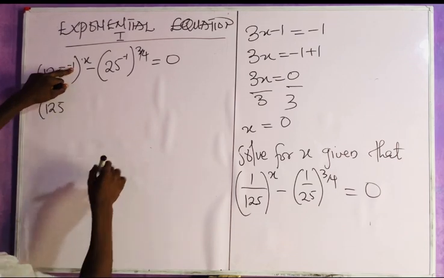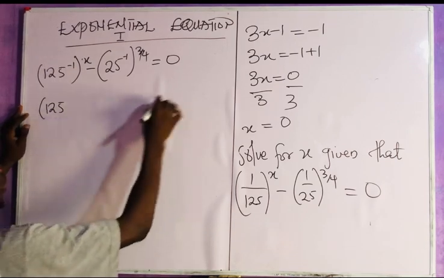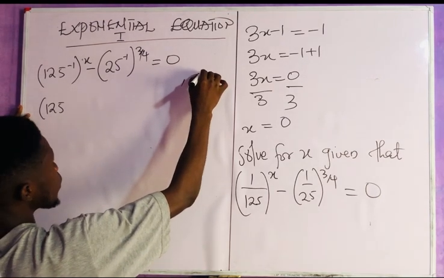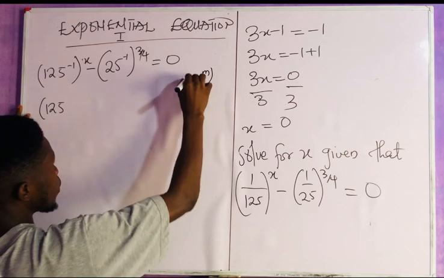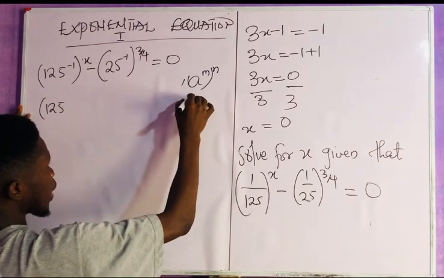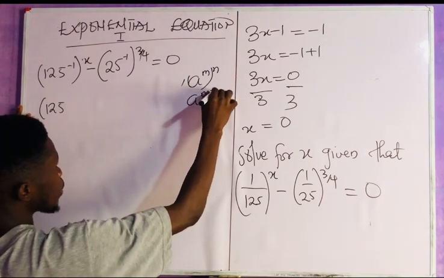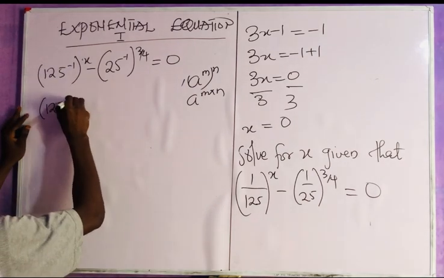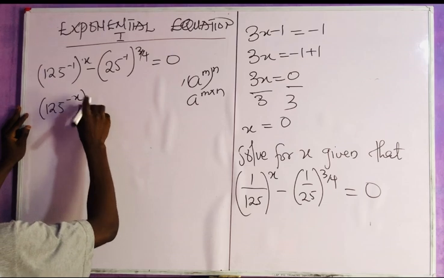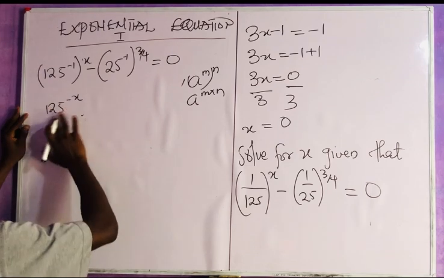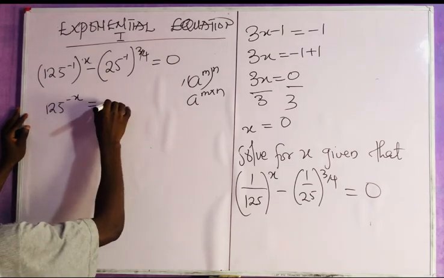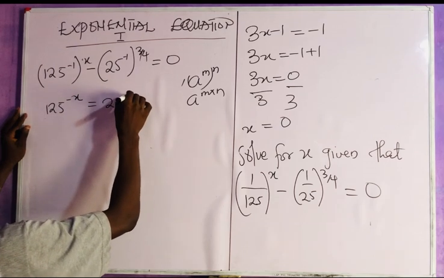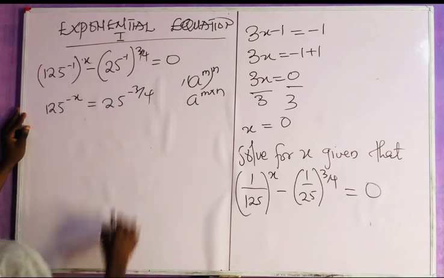Now from here, there was a law that says that if I have a to the power m, all to the power n, then I can have it as a to the power m times n. So this side can be negative 1 times x, that will be negative what? x. Okay, let me remove it from brackets. Equals the same thing here, 25 to the power negative 3 over 4.